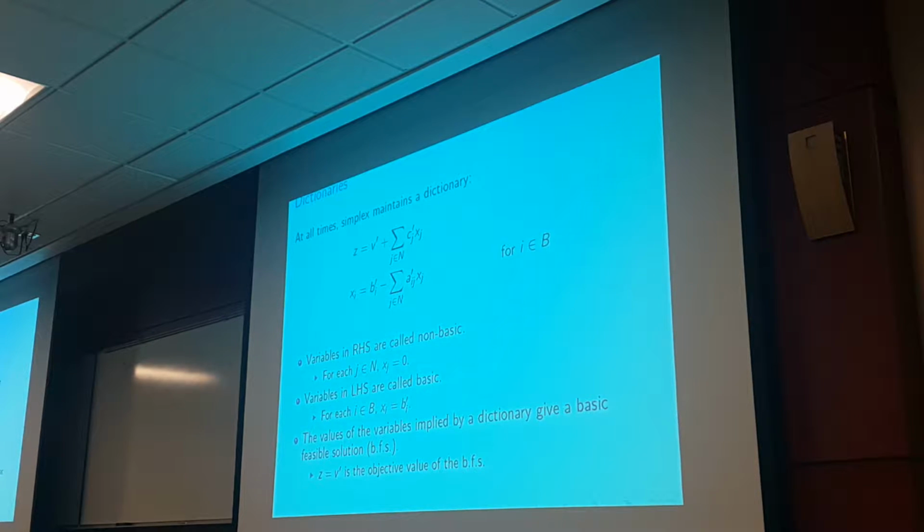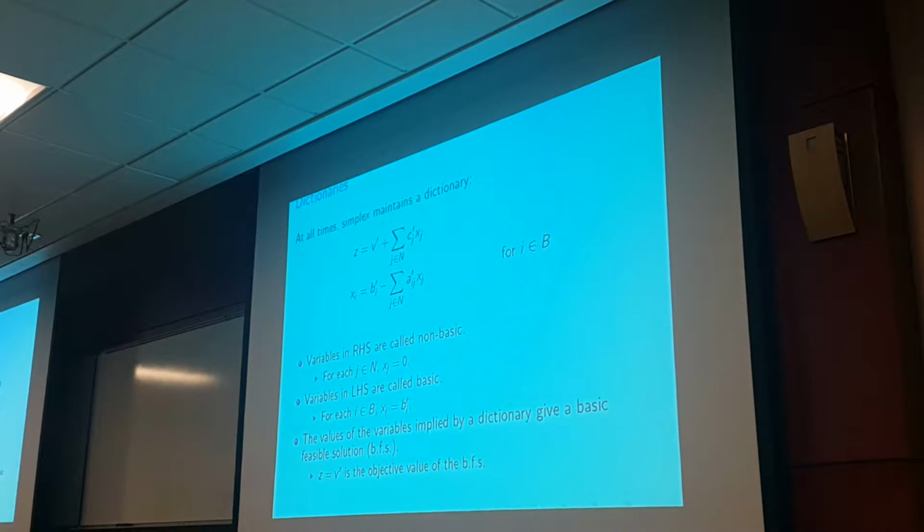What's going to happen is that from this dictionary, we're going to be able to read off the values of all the variables, the original ones and the slack variables, as well as the value of the objective function. The assumption, and we're going to maintain this invariant throughout the algorithm, is that all of the non-basic variables, the N variables, are going to be 0, and therefore the x_i's, for i in B, are just going to be equal to the b_i primes.